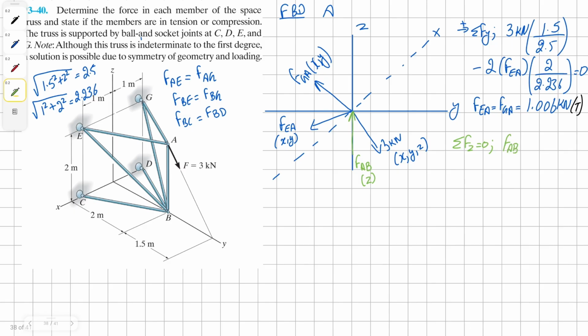And then we're going to have z component of the 3 kilonewton, which is going to be negative 2 over 2.5, all equals to 0. Solving for force AB, we get our solution as 2.4 kilonewton. And because we got our solution in positive, this means this member is in compression.